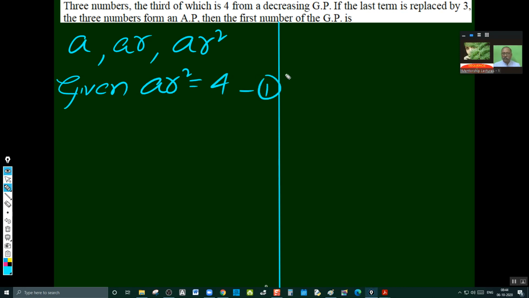First equation. But what I say, if the last term is replaced by 3, the 3 numbers form an AP. A, comma, ar, comma 3 form an AP.